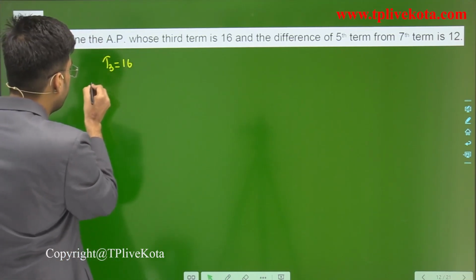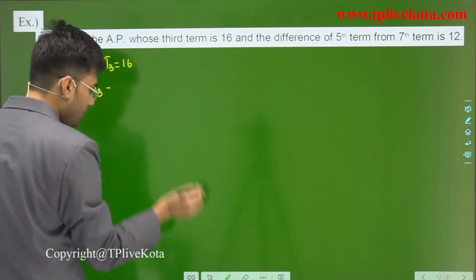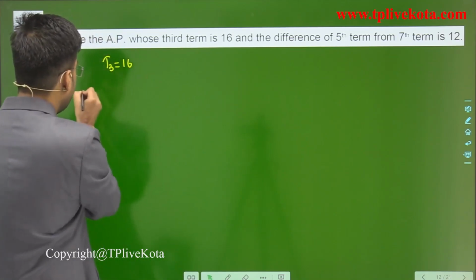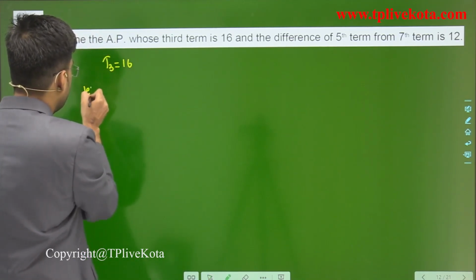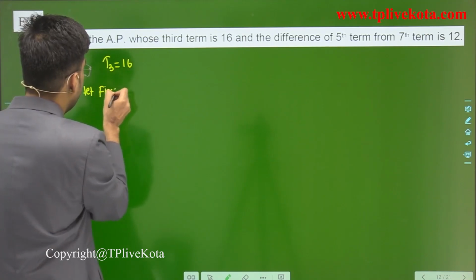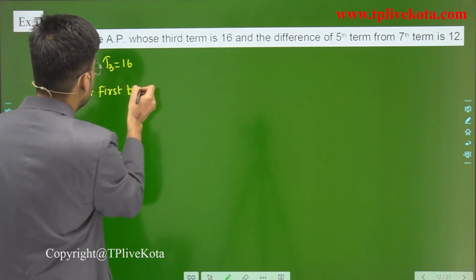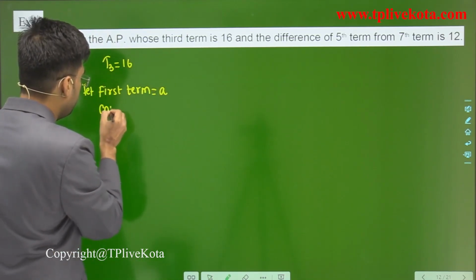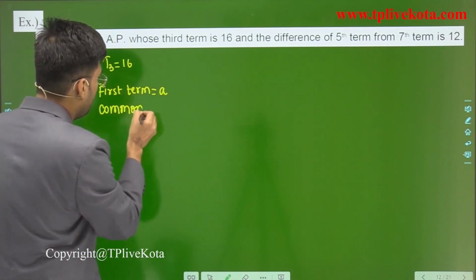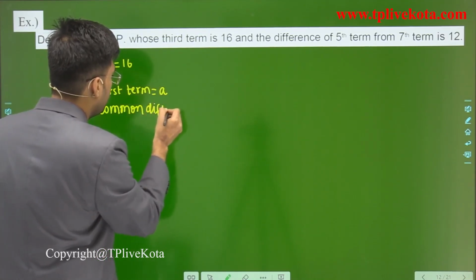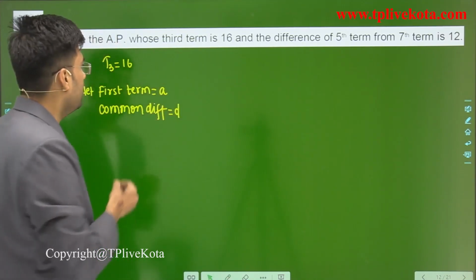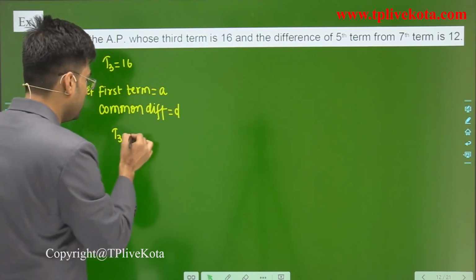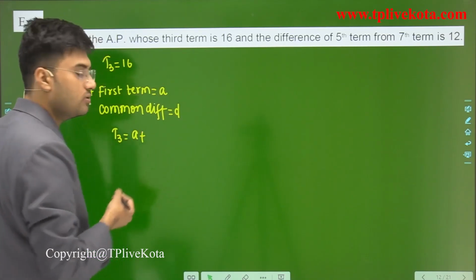And students, we know what the T3 is. First of all, let's assume the first term is A, and the common difference is D. Then T3 is equal to A plus n minus 1 D, with n equal to 3.